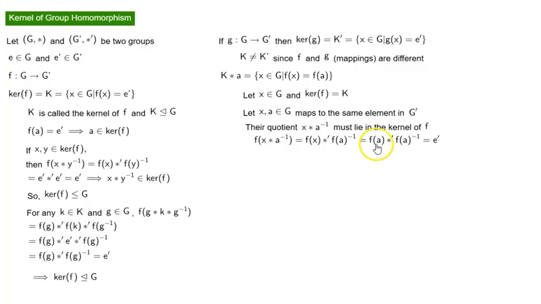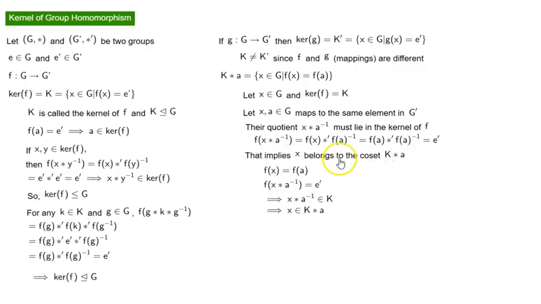The product of these will be e prime. So since f of x times a inverse is mapping to e prime, that means x times a inverse lies in the kernel of f. That implies that x belongs to the coset K times a, or Ka.